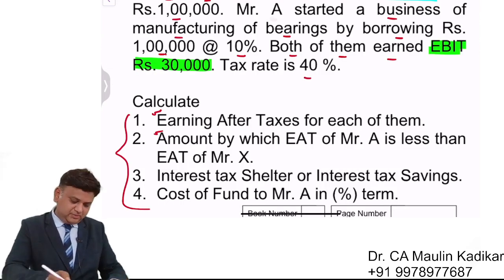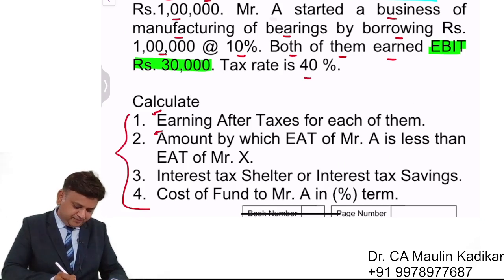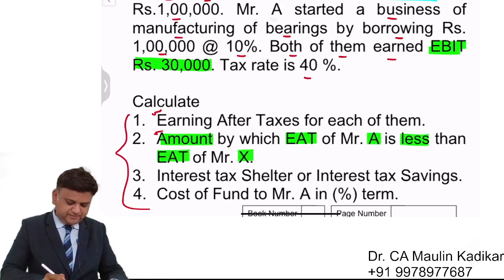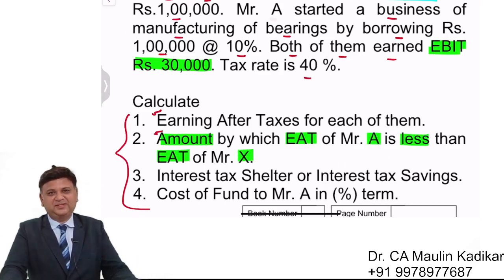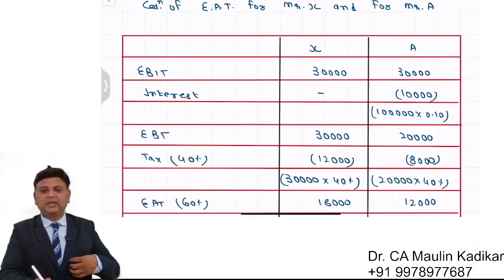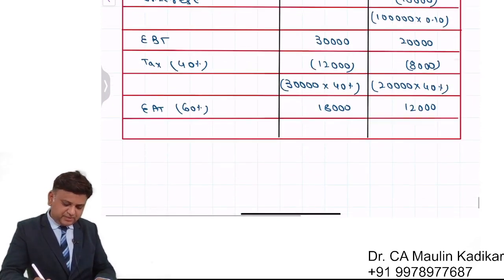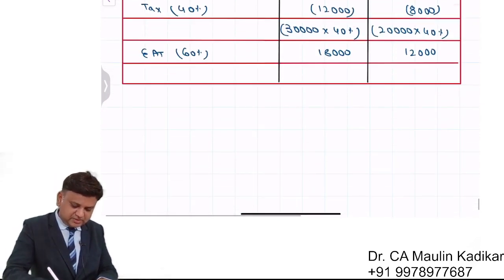Second part of the question speaks of the amount by which earning after taxes of A is less than earning after taxes of Mr. X. Please put answer of the second question in the chat box. Answer of the question is extremely simple. It is say 6,000 rupees.